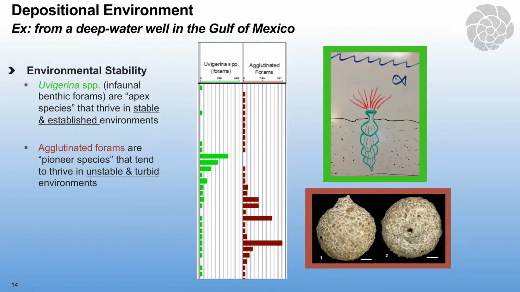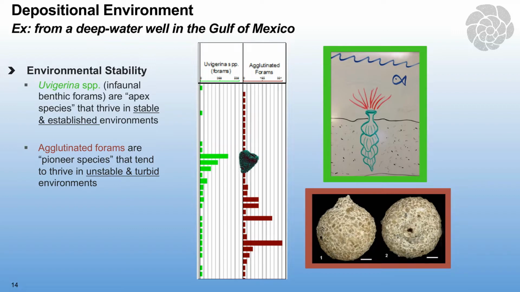When we compare those with agglutinated forams, which are pioneering species that really thrive in unstable, turbid environments, we see a very clear contrast.